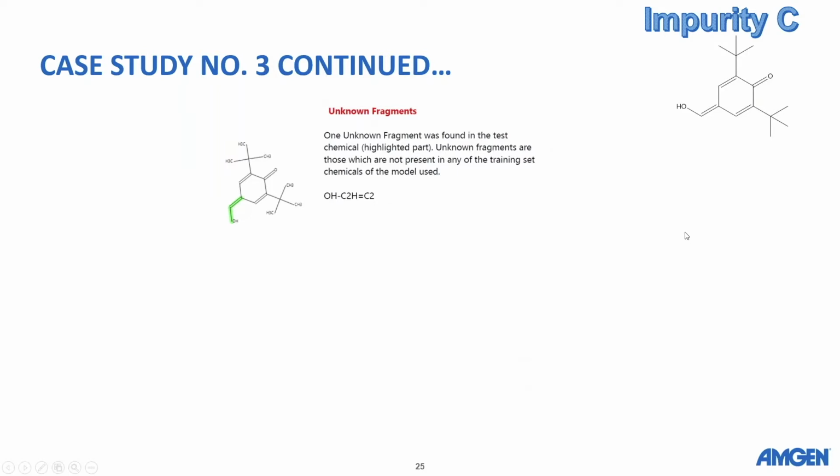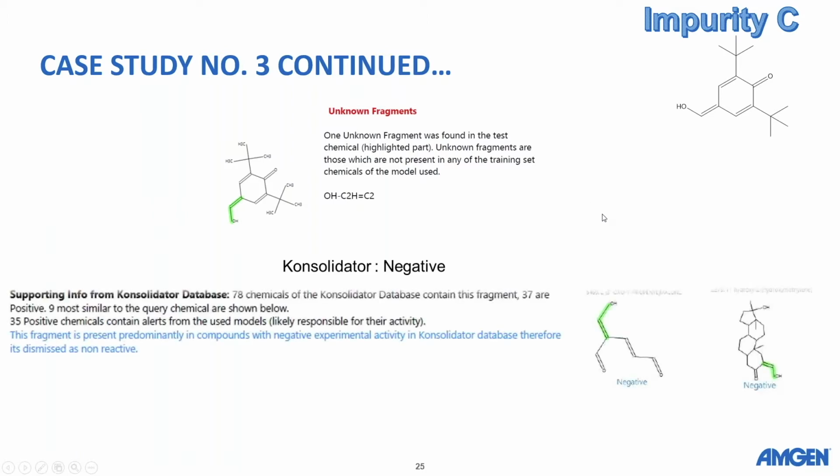With the unknown fragment, consolidator again gave a negative prediction and again provided examples of structurally similar analogs, which were negative, as well as the statement in blue, which we were able to include in our report. This statement reads, this fragment is present predominantly in compounds with negative experimental activity in consolidator database, therefore, it's dismissed as non-reactive.